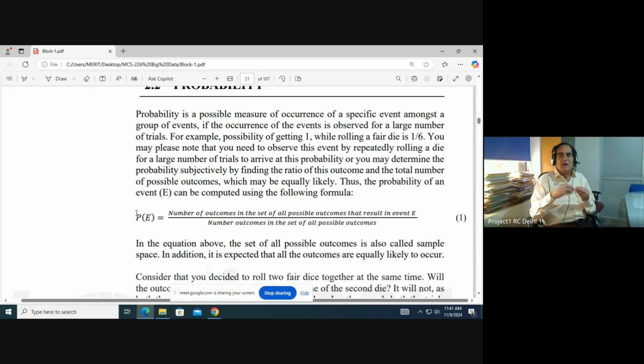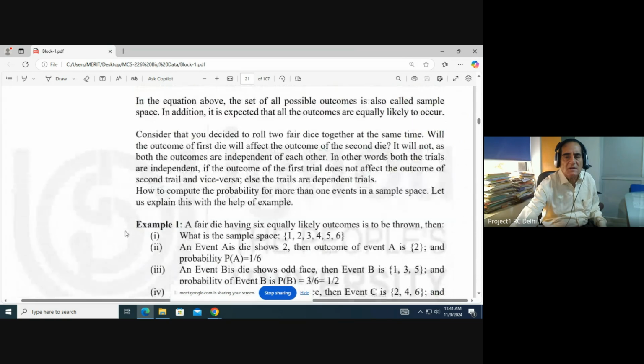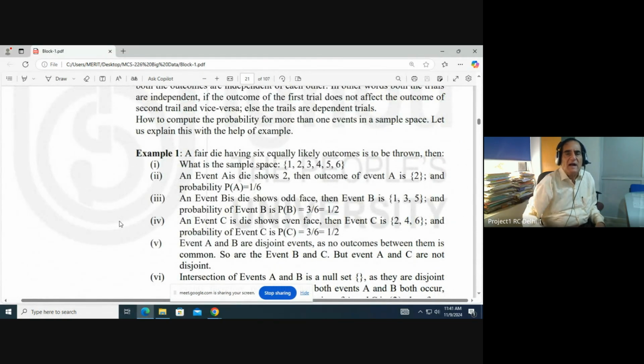So if you have two dice, then you have double. So that's 1 by 6 times 1 by 6, 1 by 36. So that type of thing will happen. In the equation above, the set of possible outcomes is defined. Okay, a fair die having six equally likely outcomes is to be thrown, then what is the sample space?